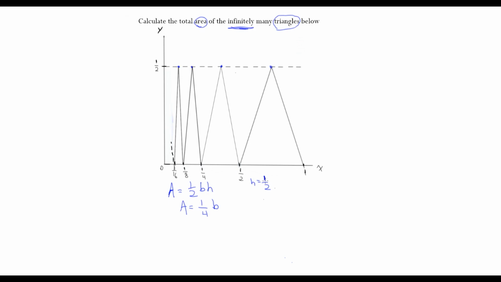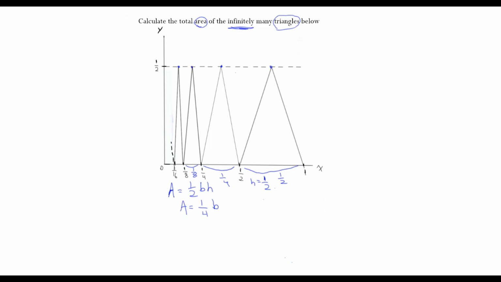So now here's the second thing we're going to do. Let's see if we can identify a pattern, because this is a series, and because it's a series, it will probably have some kind of pattern. If you notice, this distance is 1/2, this distance is 1/4, this distance is 1/8, and so on and so forth.